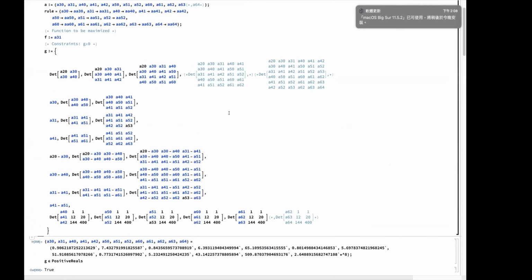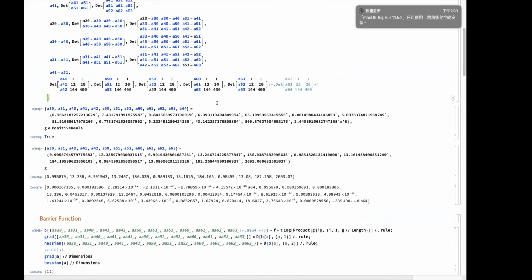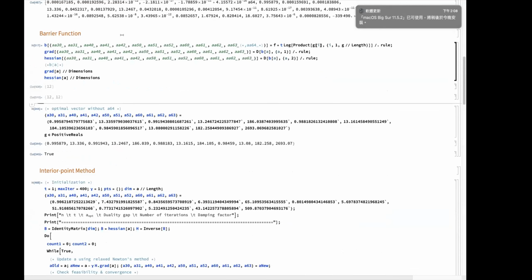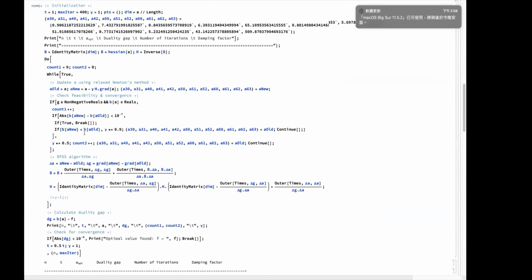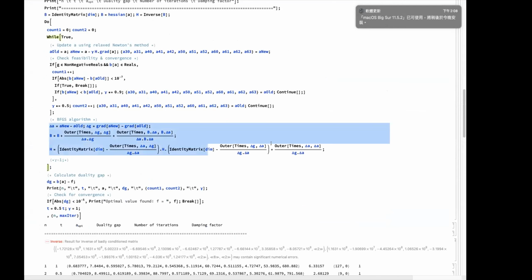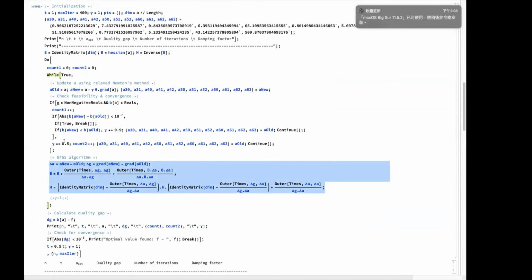So now maybe I can run an example. We're still calculating the Hessian matrix, but the main improvement is that I'm using a method called the BFGS algorithm, which doesn't calculate the Hessian and its inverse, which is very time consuming in every iteration.